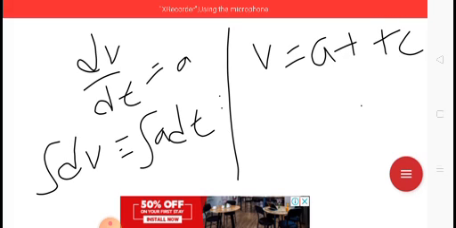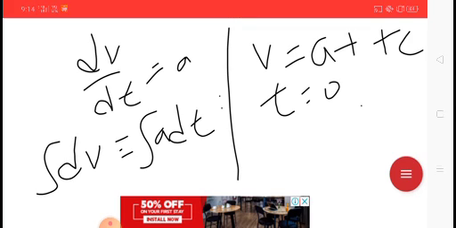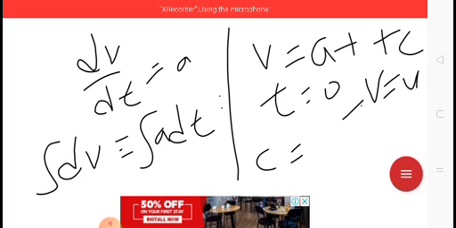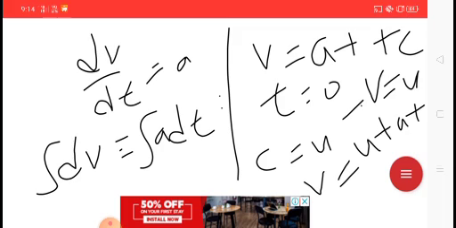Apply the initial condition t equal to 0, v equal to u, so you get c equal to u. If you rearrange, you will get v equal to u plus at, the formula that you have learned before. This is for question A.